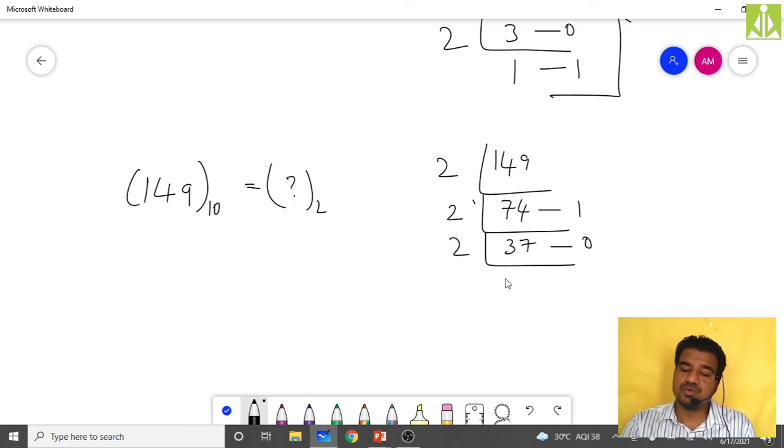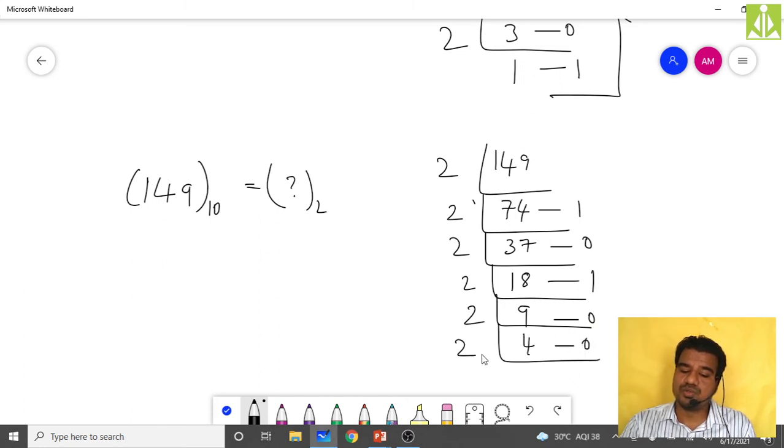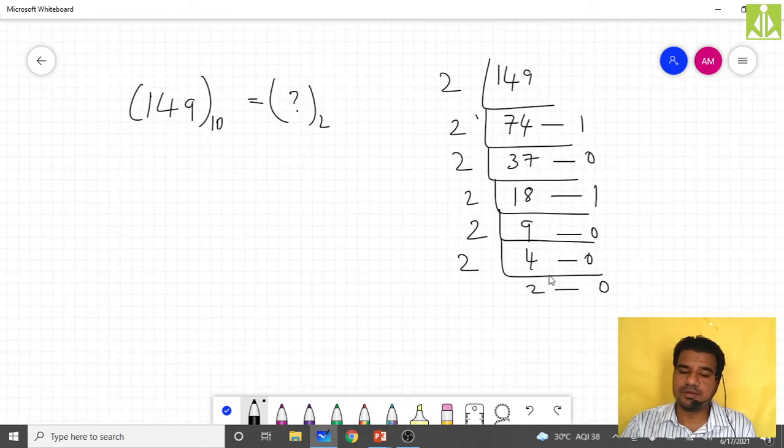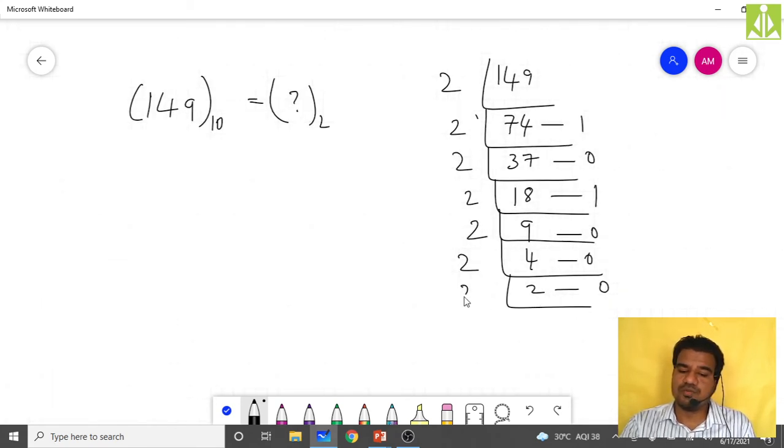Next, 2 18s, 36. Remainder is 1. Then 2 9s, 18. Remainder is 0. 2 4s, 8. Remainder 0. 2 2s. Remainder 0. Last one, 2 1s, 2. Remainder 0.